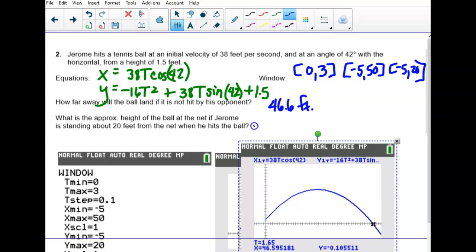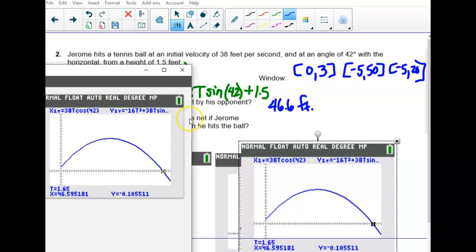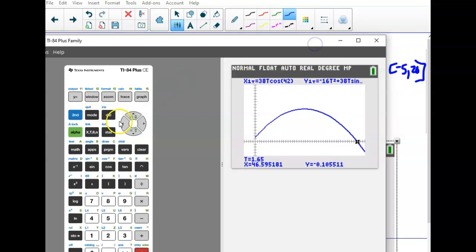What is the approximate height of the ball at the net if he's standing 20 feet away? So when x equals 20, what's y equal? So can we get x close to 20? So that's close to 20. We could try like 0.71 if we wanted. I'm not going to be picky.